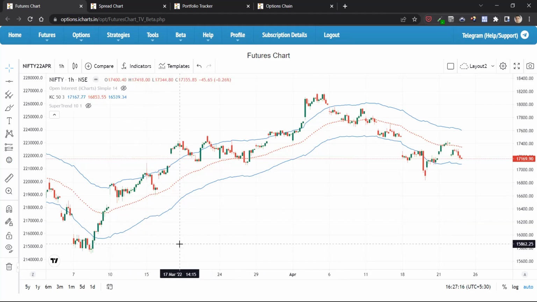So that's the thing. If you want to capture theta, just stick to out of the money credit spreads. And of course, if you are the more adventurous type and want to go for higher profit, then initiate an at the money debit spread, or maybe a slightly in the money debit spread. But then the way of managing it is going to be very different.